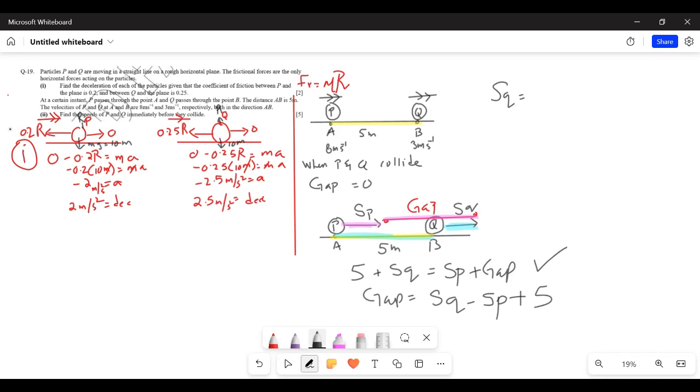For SQ, we know the U, which is 3. And we know the deceleration, that was 2.5. So A is equal to negative 2.5. And time is t. So we can use ut plus half at square.